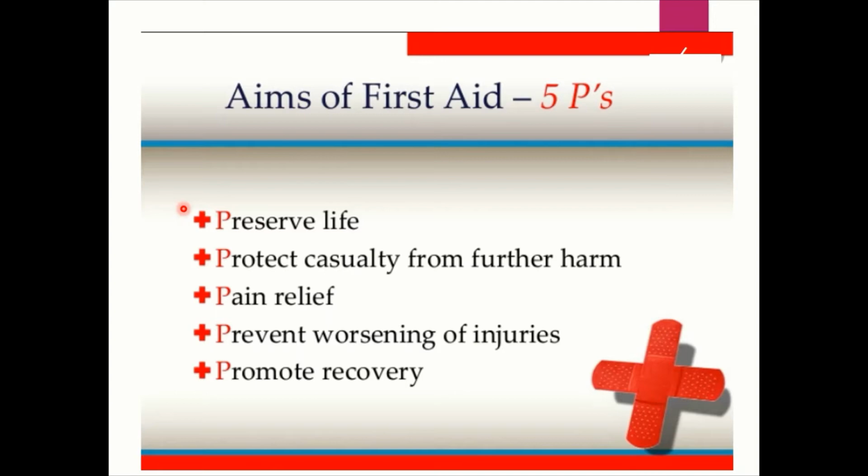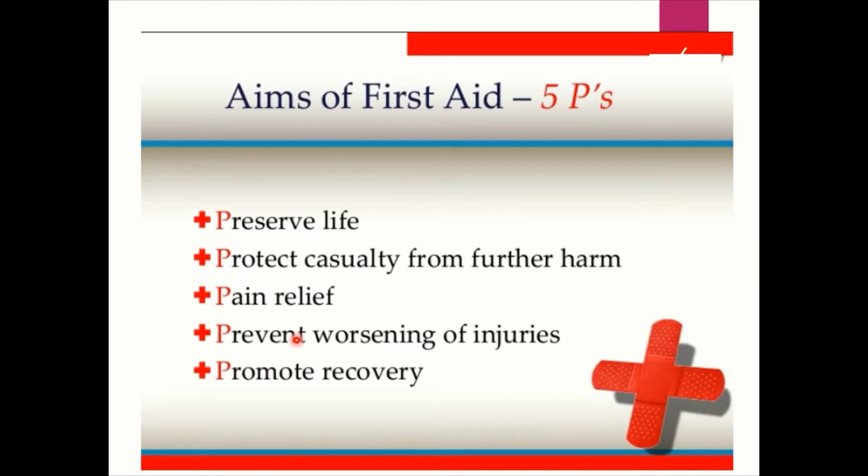So the first aim that he should keep in his mind is that he is there to preserve the life of that victim. Secondly, he wants to protect the casualty from further harm. It means that you are there to support him so that his injury doesn't get worse. Then you are there to give him pain relief by managing his pain through some painkillers or like that.